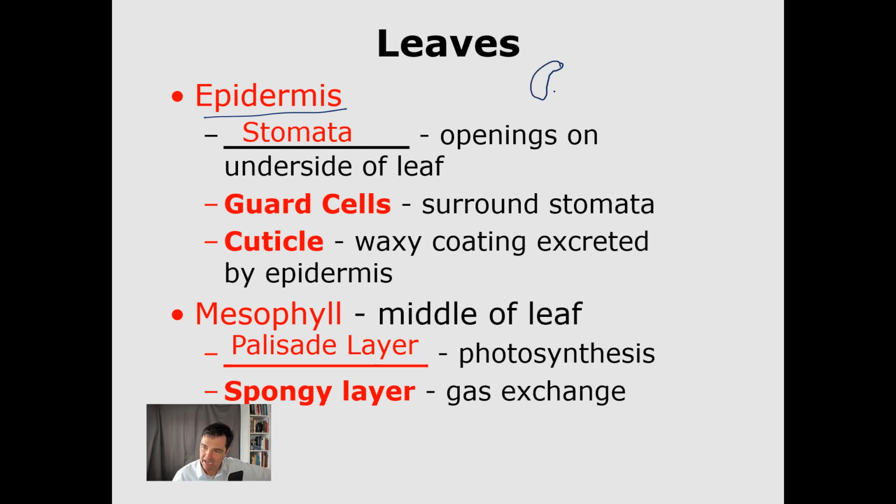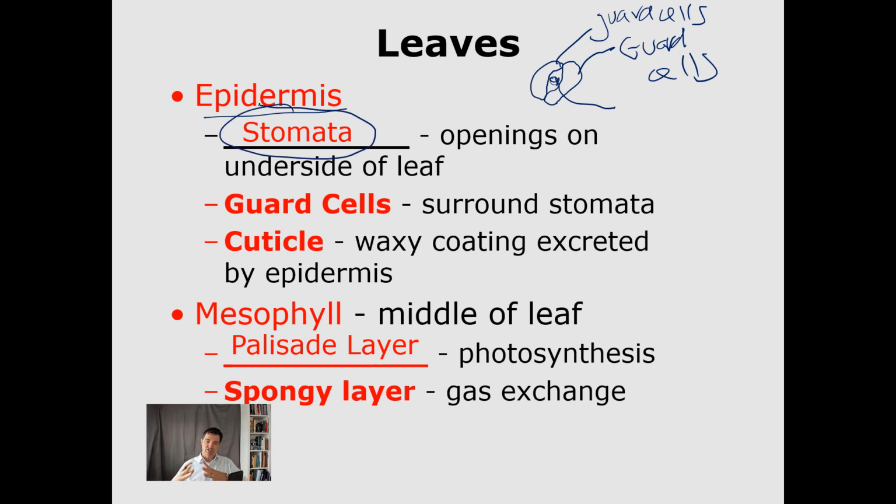A plant has these mostly on the bottom of the leaf. It also has cells called guard cells, and the guard cells surround a hole. The hole is called the stoma.